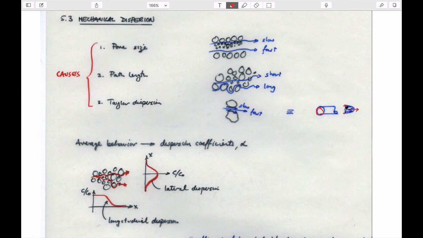So if you attach fluids that are dissolved in that water at each of those locations, they'd be going at different rates depending on where they were in that tube. Center of the river versus the bank of the river, which would be slower. And so you'd expect that you'd get some spreading as a result of that.